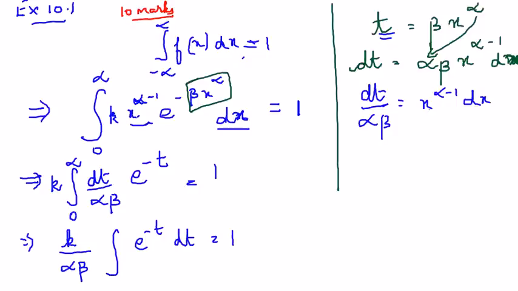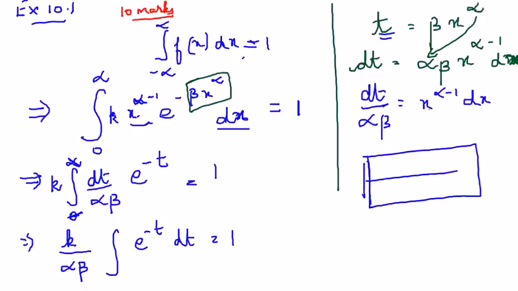I'm not supposed to write these limits as they are, because these were the limits of x. Now we are replacing x with t. So let's see what will be the value of t when x is 0 and infinity. When x is 0, what will be the value of t here? Obviously 0.